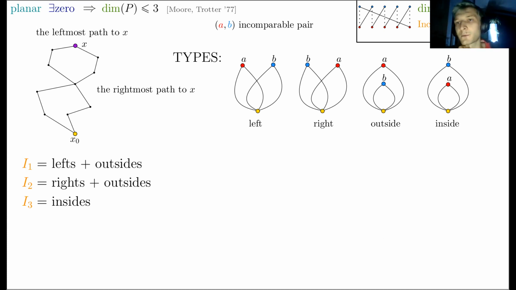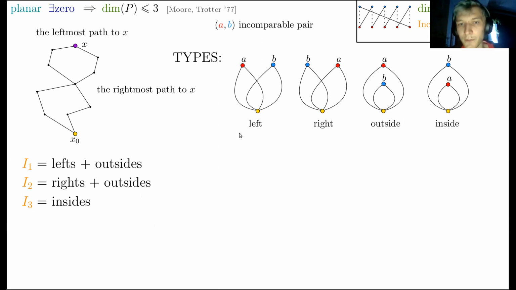Of course, I said that it was a partition, but they may overlap. It's not important if they overlap. So for example, here I1 and I2 have some common elements, but it's not important. And I1 is left pairs and outside pairs, I2 is right pairs and outside pairs, and I3 is inside pairs.